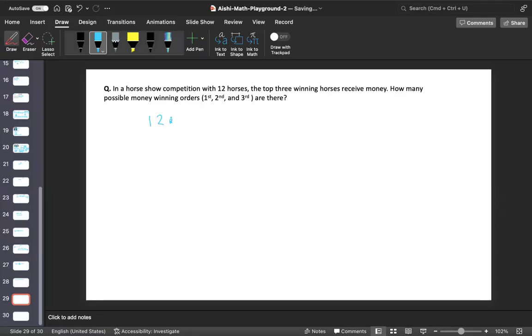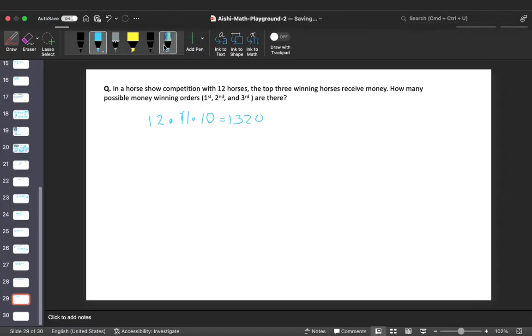For the horse that gets second place, there's 11 other horses who can take second place. And then for each of those, we have 10 other horses who can get third place, which is 1,320. Still pretty easy.